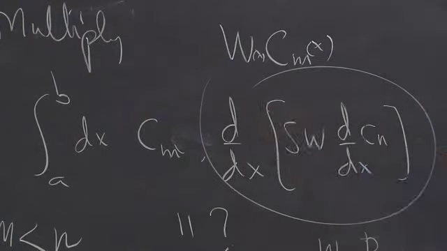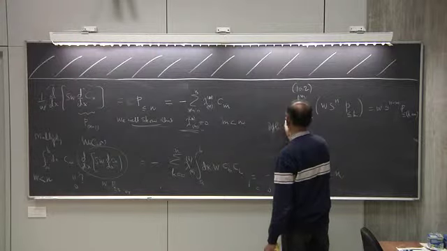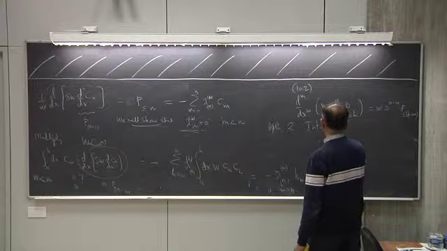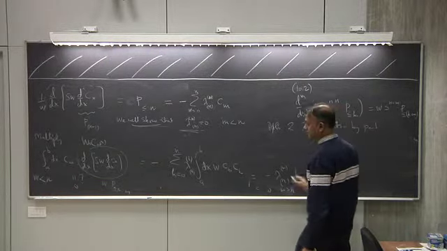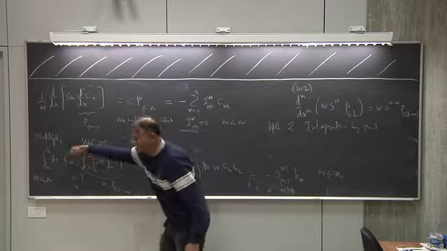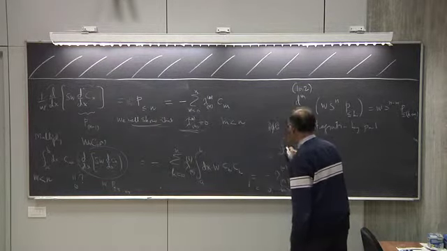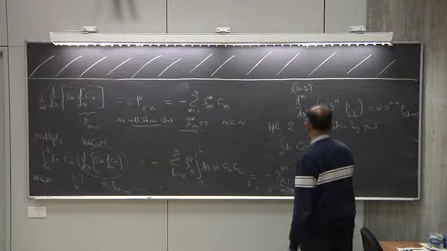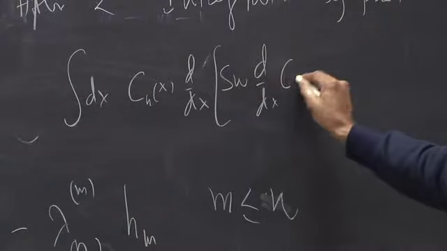After two integrations by parts, we find there are two minus signs, so it becomes plus again. So you get here the integral dx of Cn(x), d by dx, sw, d by dx, Cm(x).